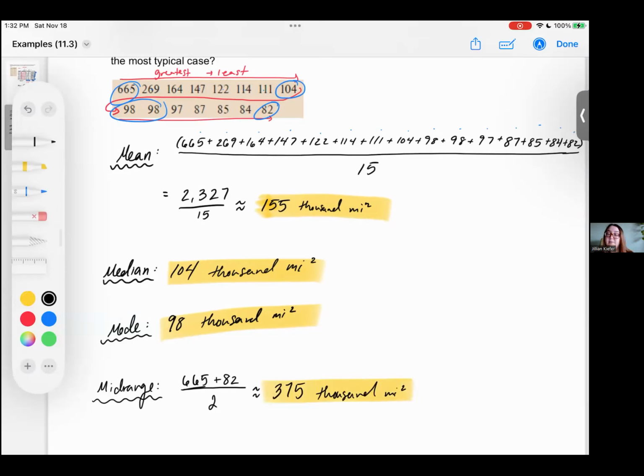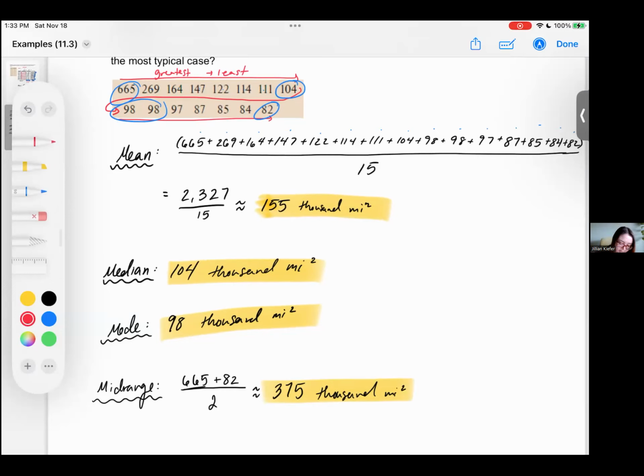So we found all of our different measures of average. We found our mean, median, mode, and mid-range. And now we just want to analyze this a little bit and decide which one we think is going to be kind of the most accurate. So if we look, we see that the mean was 155,000 miles squared.